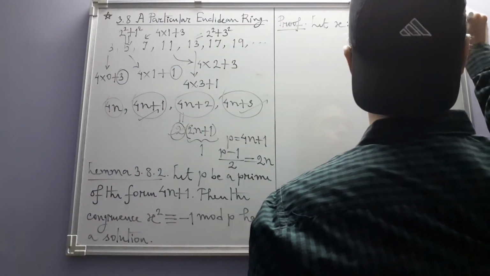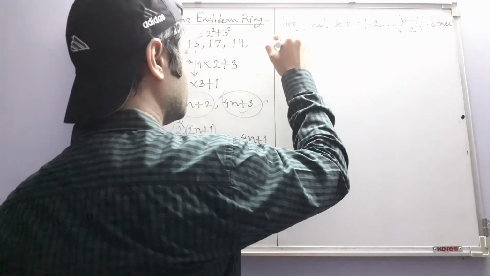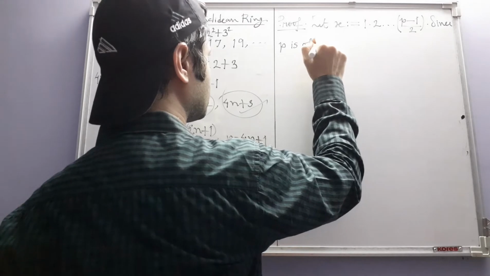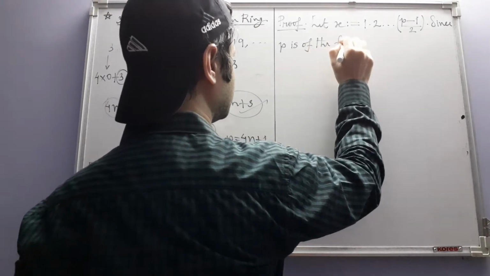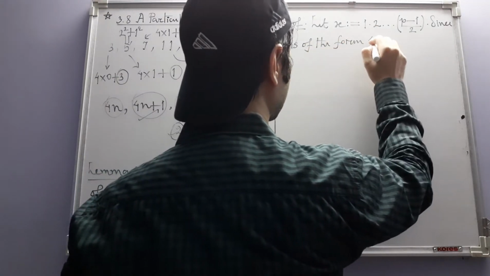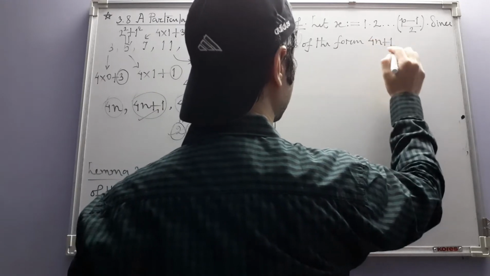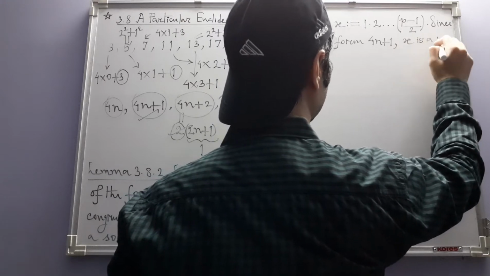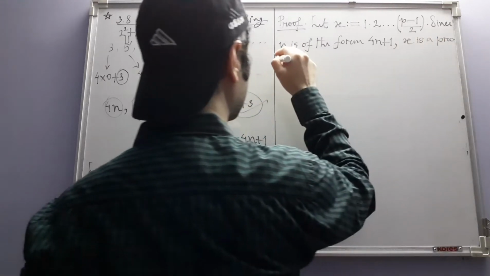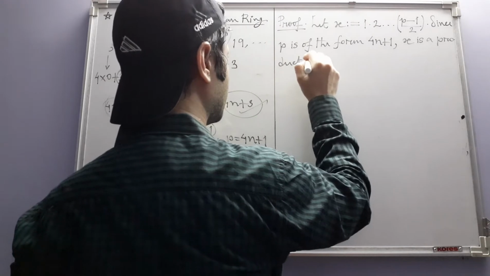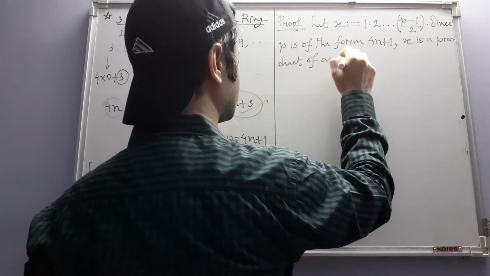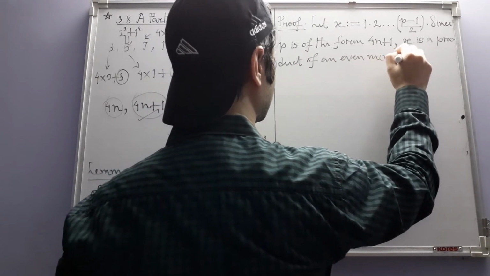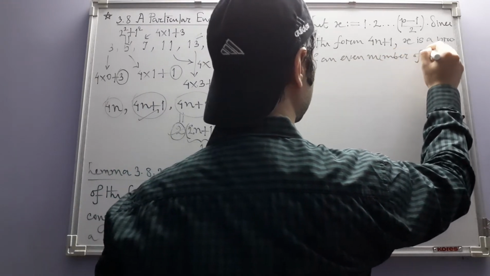Since p is of the form 4n plus 1, x is a product of an even number of integers.